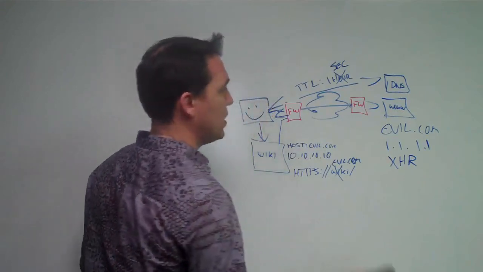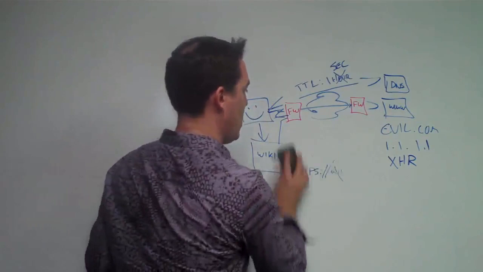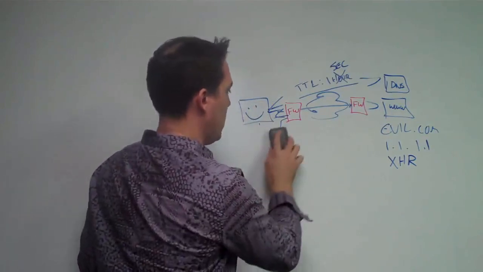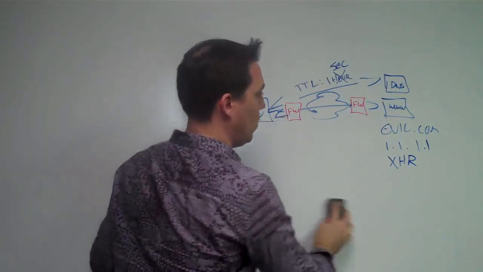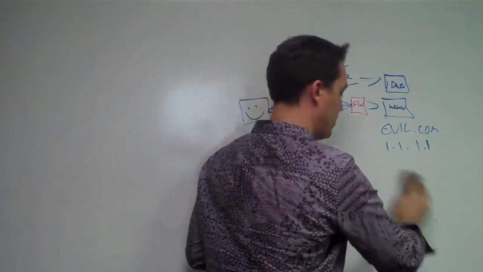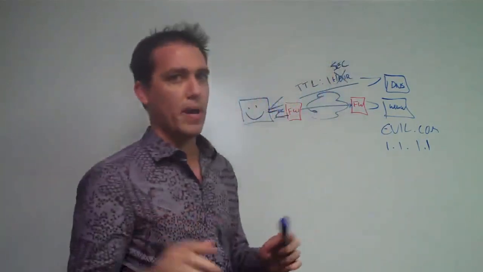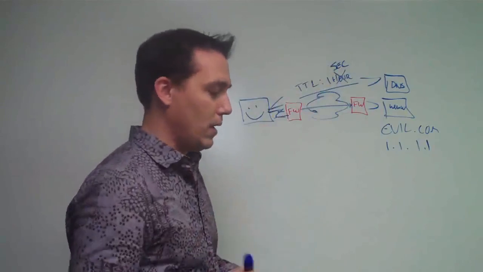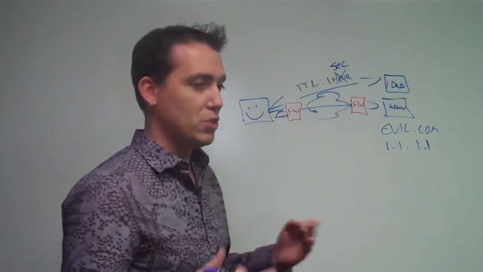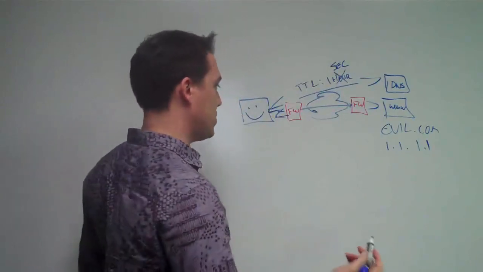So let's talk about a different class of attack using DNS rebinding called session fixation. A lot of people have no idea what session fixation is. So let me talk about how people make connections, just basic web-enabled connections on the internet.